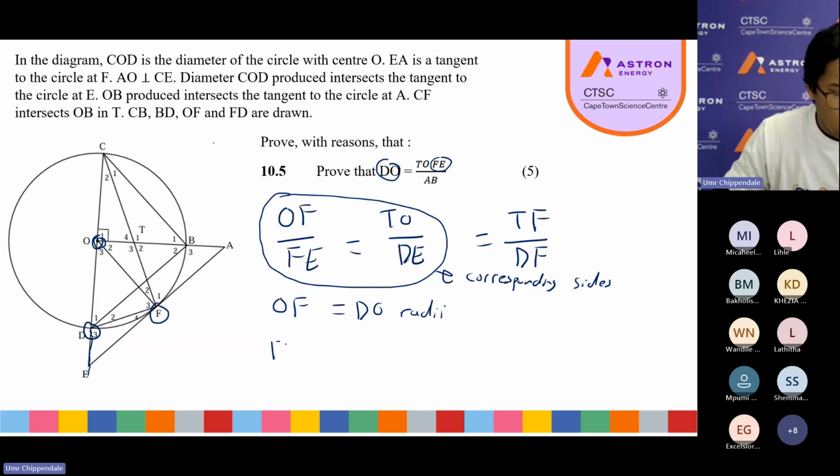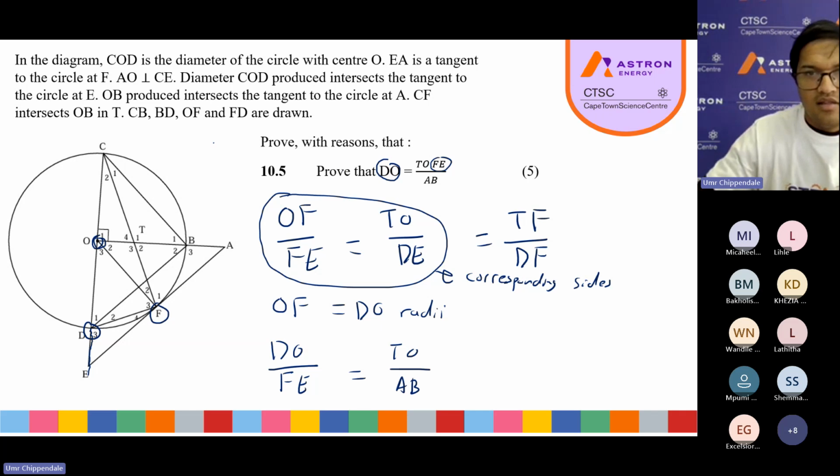you can say your DO over your FE is equal to your TO over your AB. And look at that. There you have your ones over there, TO, FE, and AB. So now we're going to try and make this the subject of the formula.